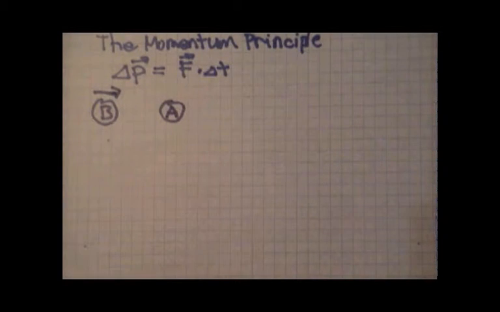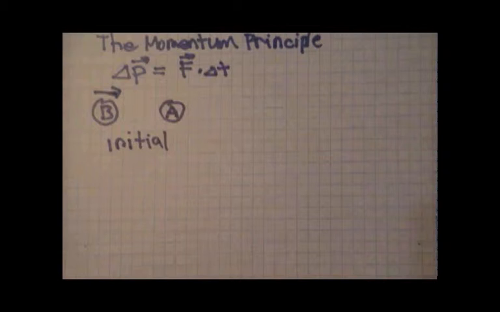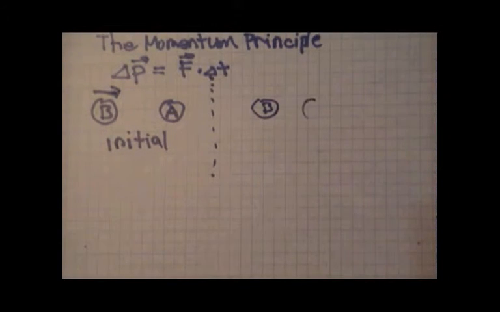And this is what I'm going to call our initial situation. Then the balls collide, and after the collision, what we notice is that ball B has come to rest, and ball A has acquired some momentum.